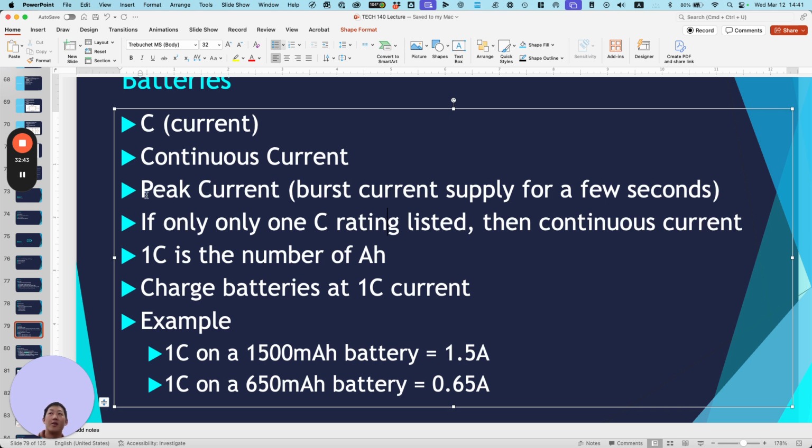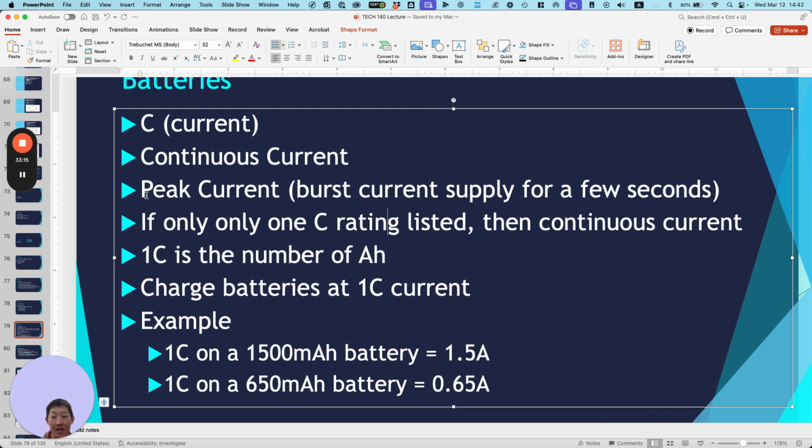If you do see another number, let's say for example 95C / 140C, this 140C is going to be your burst or peak current. So if you do a flip all of a sudden, it could provide that extra boost, but only for a short period of time, like a nitro on a car. That's going to be the peak current.